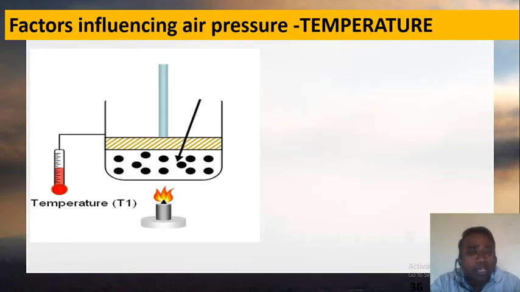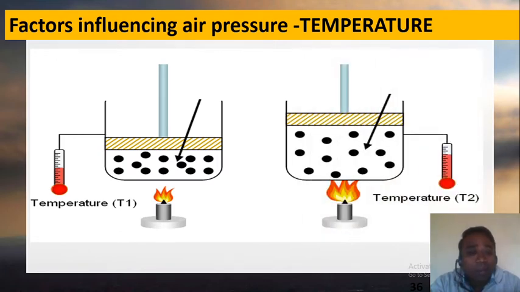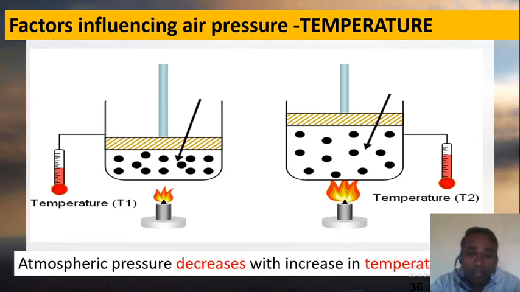The first factor which influences pressure, apart from height, is temperature. When we heat something, when we increase its temperature, the molecules present in it gain energy and move away from each other, which reduces the pressure.